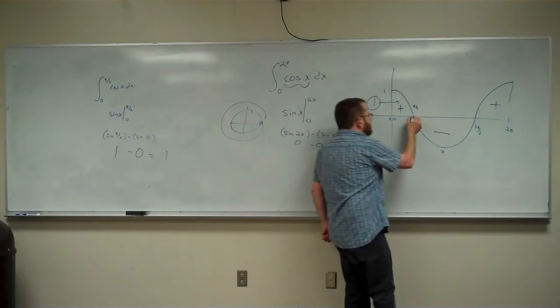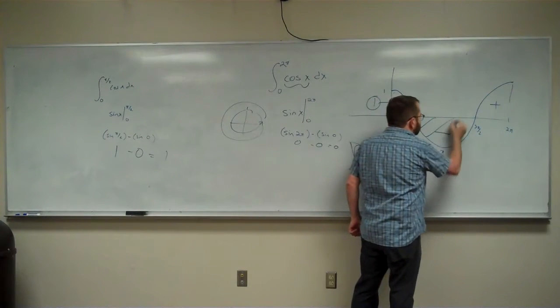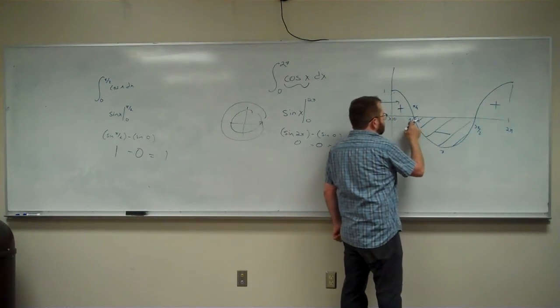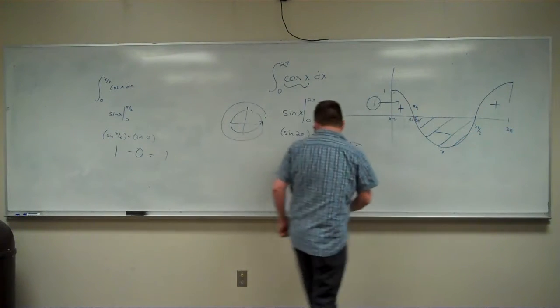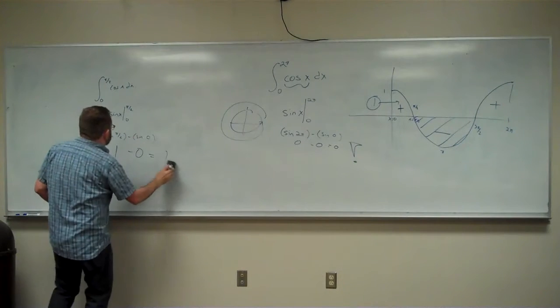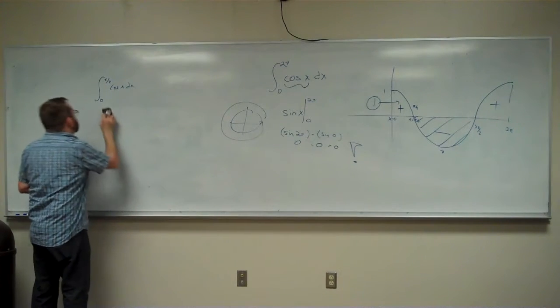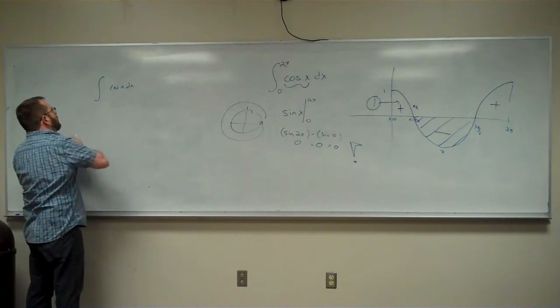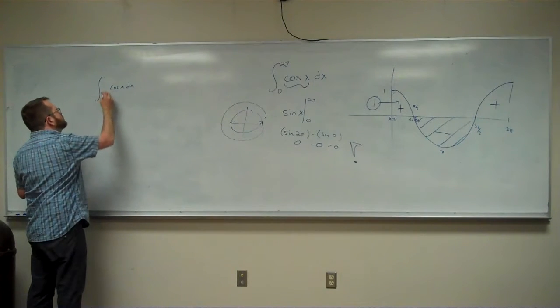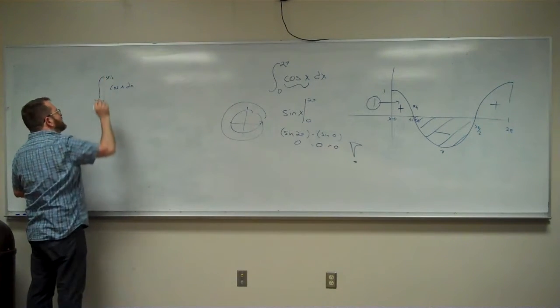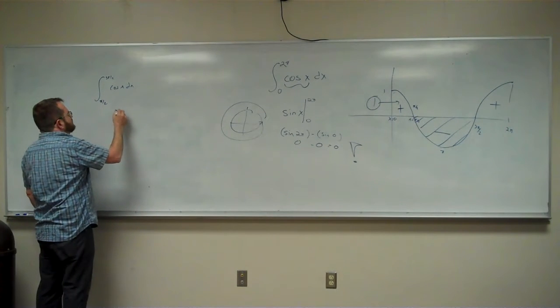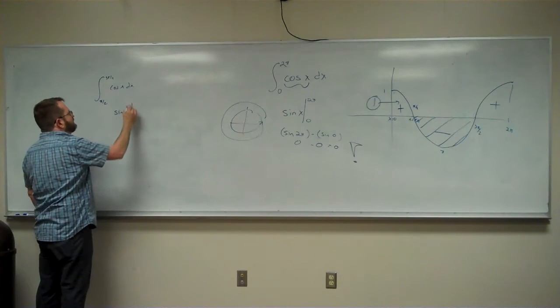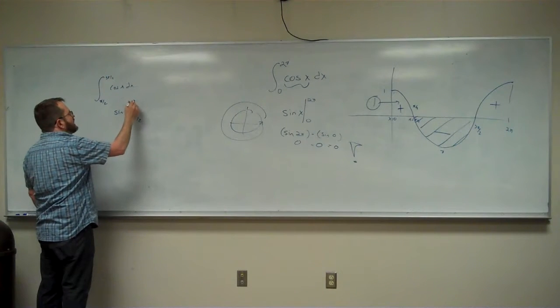Hey, if we're doing this right, it seems to me like this area should be negative. The integral of cosine from pi over 2 to 3 pi over 2 should be a negative number. Let's try that. The antiderivative is sine, and we're evaluating that at the beginning and the end.